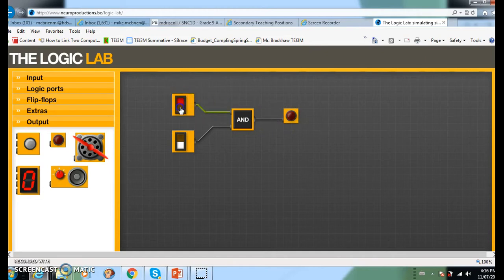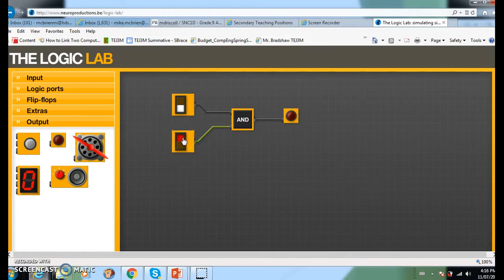However, if we turn our input A on and indicate a 1 there, we have a new situation. The system evaluates the logic and again says if input A is a 1, input B is a 0, then the output is a 0. Let's go to our next situation.